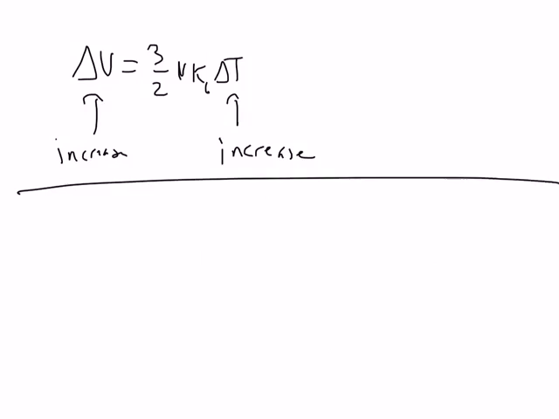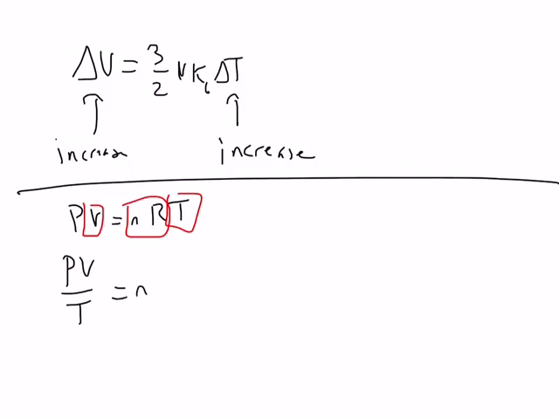Okay. So finally, we're left with pressure. And we don't know any equations that directly relate to pressure, but we do know the ideal gas law. And we've already determined what happens to the volume and what happens to the temperature. And these are just constants. So for this, we can rewrite it as that.